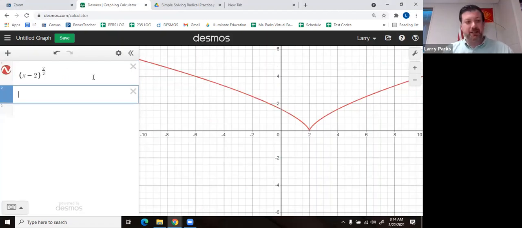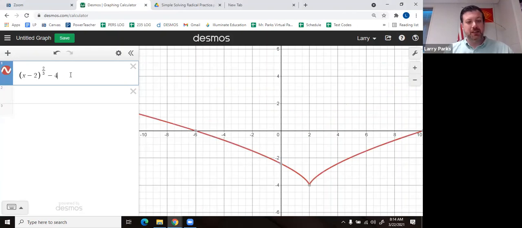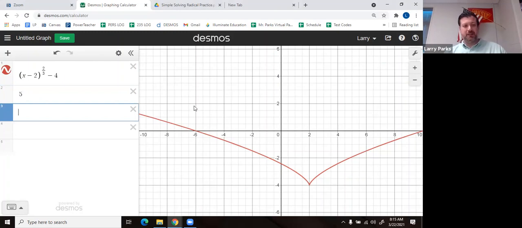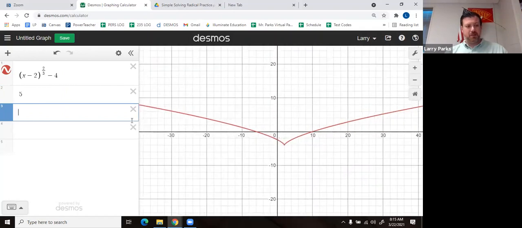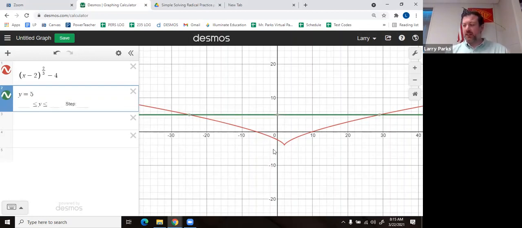And then the right side, ooh, I left off a minus 4. Got to shift it down 4. And then I have 5. Doesn't like when I just type 5. I think I have to put y equals 5. There we go.